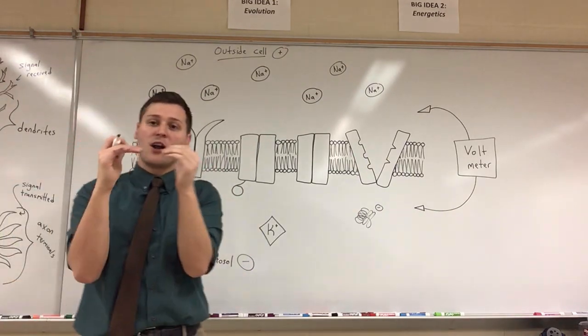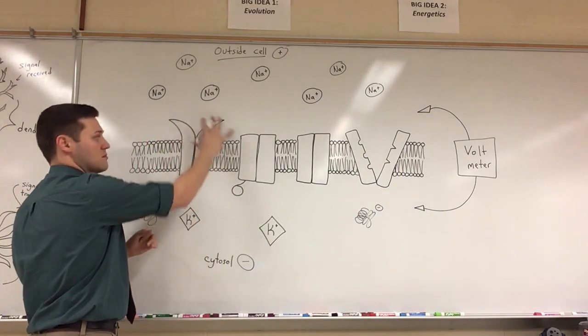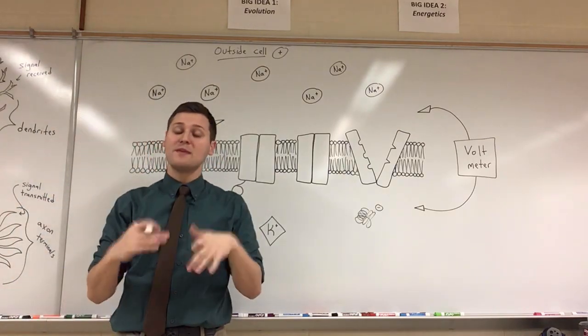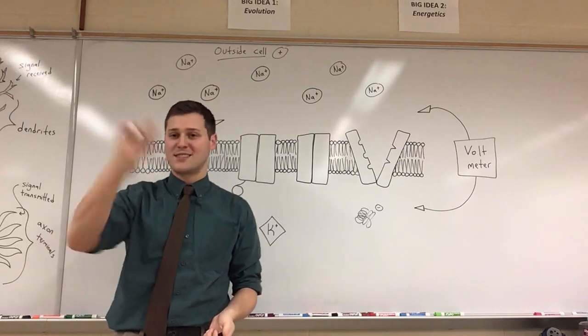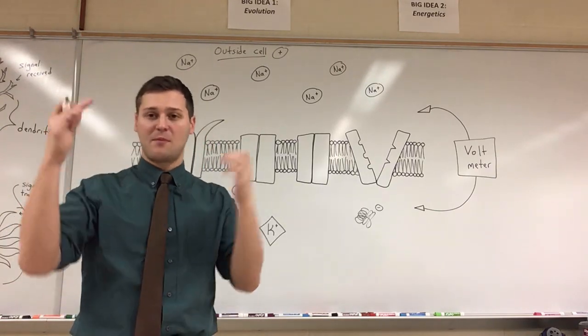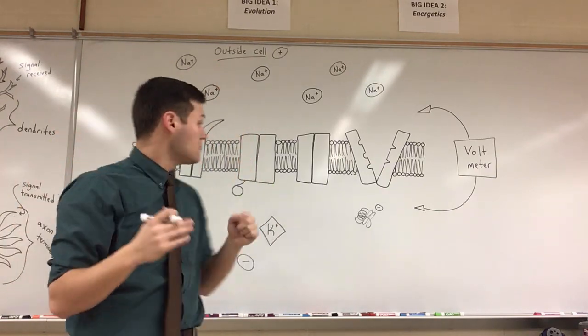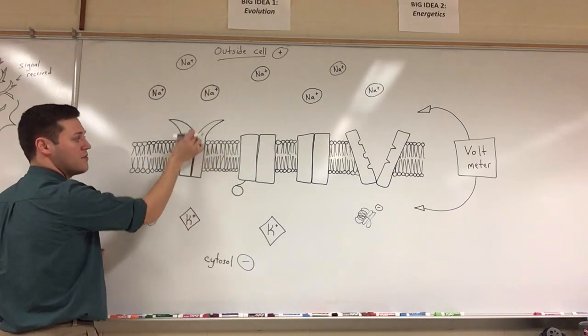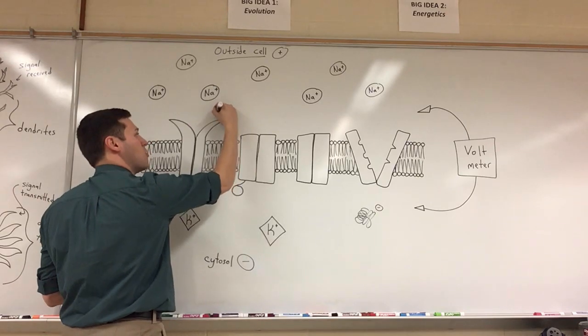This membrane might open up. Now granted, this mechanically gated part only happens in the initial neuron. It wouldn't necessarily happen on the axon. It'll happen at a receptor. But some initial stimulus causes one of these mechanically gated channels to open.